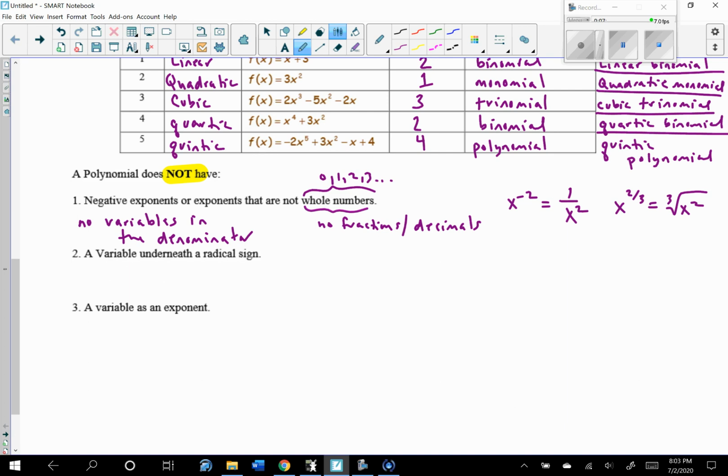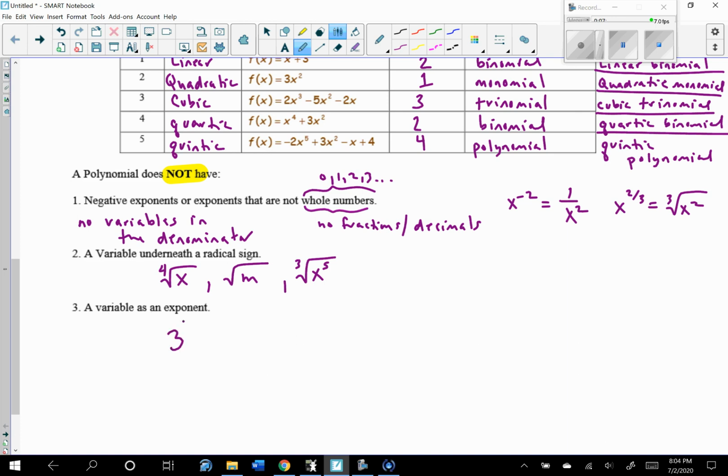So again, the fourth root of x, the square root of m, those are all radicals. If we had the cube root of x to the 5th power, even if we simplify that, it's still a radical. And it can't have a variable exponent.